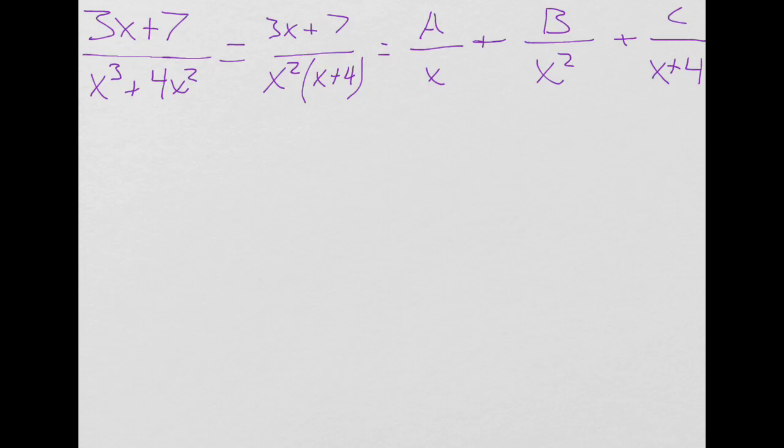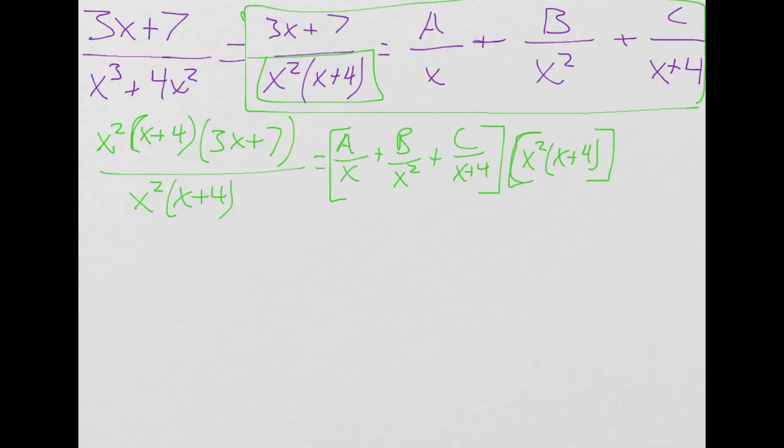So, just like before, focus on this bit right here, and let's multiply by that denominator on all of our terms. So go ahead and do that now, pause it, and then check back in a minute, see if you did the same thing that I did.